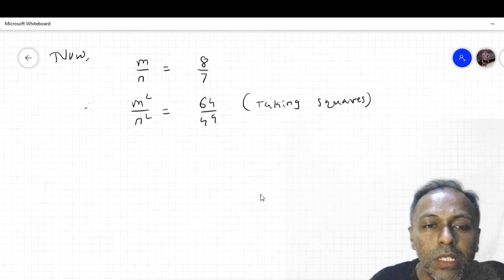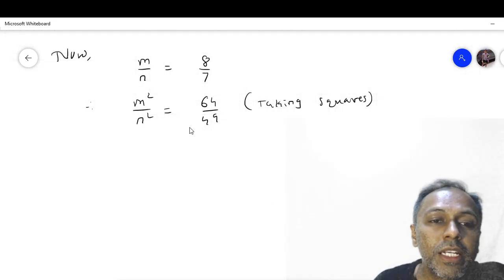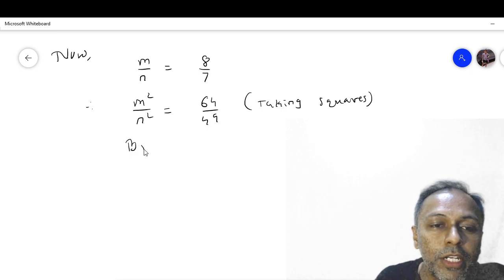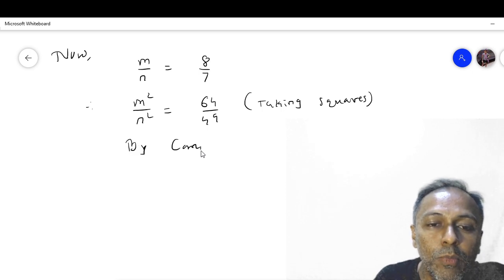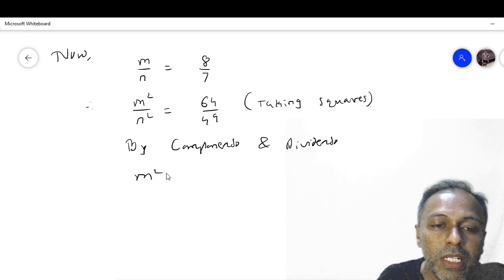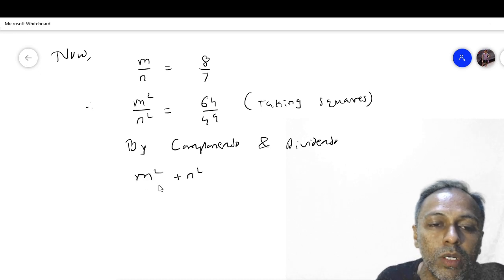Continue. Now you wanted plus sign in numerator and minus in denominator. So the best property, can you tell me? Yes, it will be by componendo and dividendo. So by componendo and dividendo, the left hand side will transform into what you want.